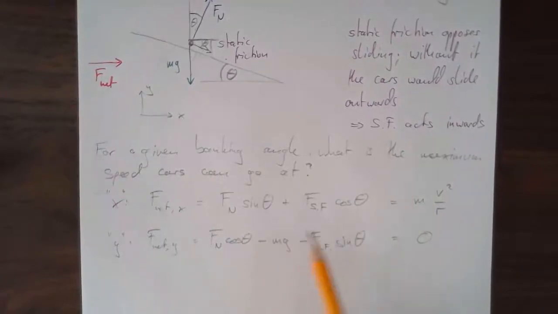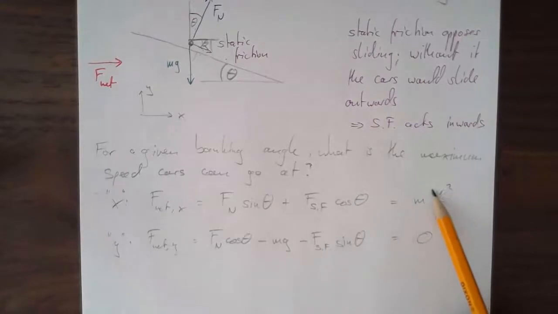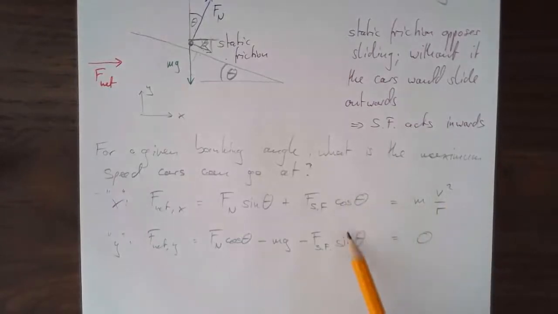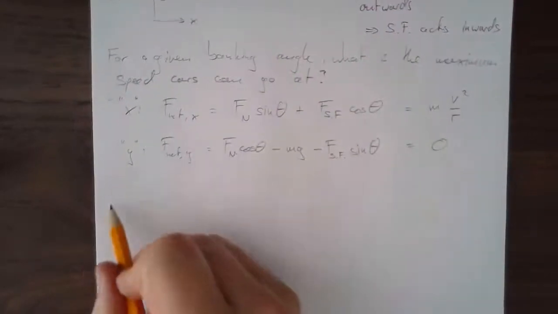Okay, so I don't know what my static friction is. I don't know what my normal force is. But if I'm given a speed v, some speed, here it is 20 meters per second, that's how fast I choose to drive, you could solve those two equations for the normal force and for the static friction. And that's it. Let's write this down.